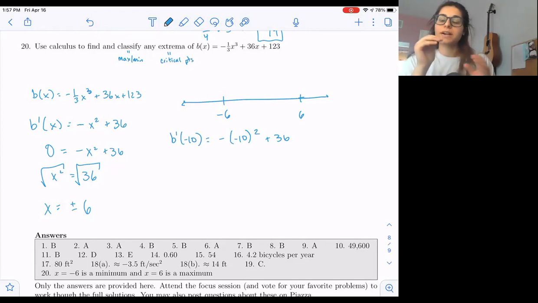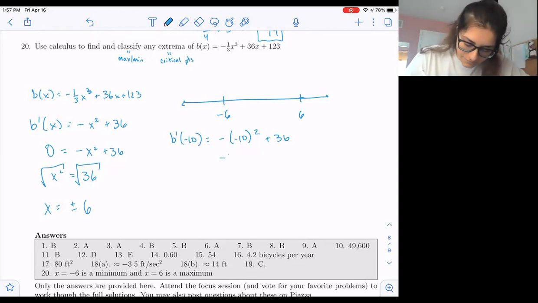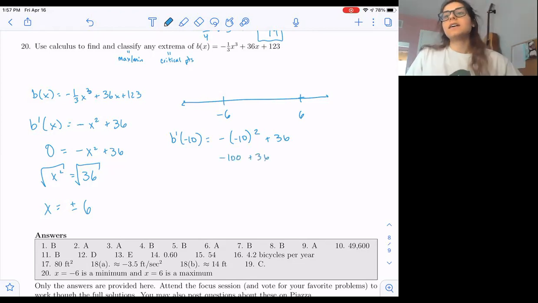Remember, whenever you're squaring a number and that negative is within the parentheses, it's going to end up being positive, because negative 10 times negative 10 is positive 100. Then positive 100 times that negative that's outside the parentheses gives us negative 100 plus 36. Negative 100 plus 36 is definitely going to end up being negative. I honestly don't care what number it is. I just care, is it negative or positive? It's clearly negative, so I'm going to put a negative right here.